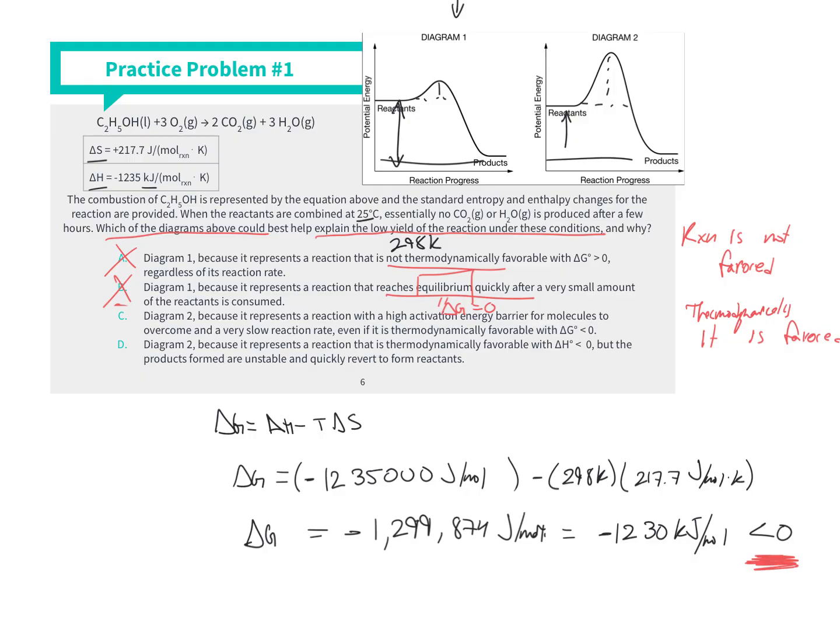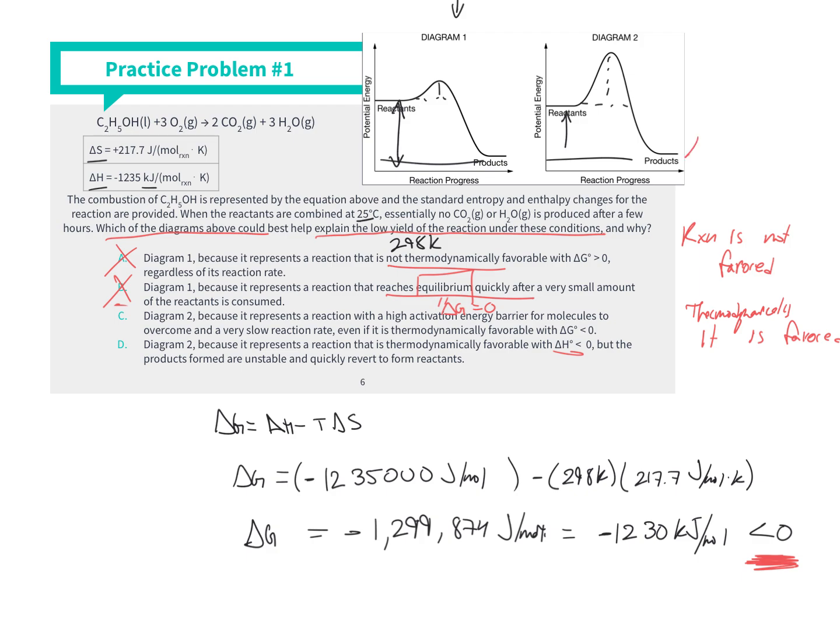C says diagram 2 because it represents a reaction with a high activation energy for a molecule to overcome and a very slow reaction rate, even if it is thermodynamically favored with delta G less than 0. And diagram 2 basically says the exact same thing, that it's thermodynamically favorable with delta H less than 0, but the products formed are unstable and quickly revert back to form reactants.